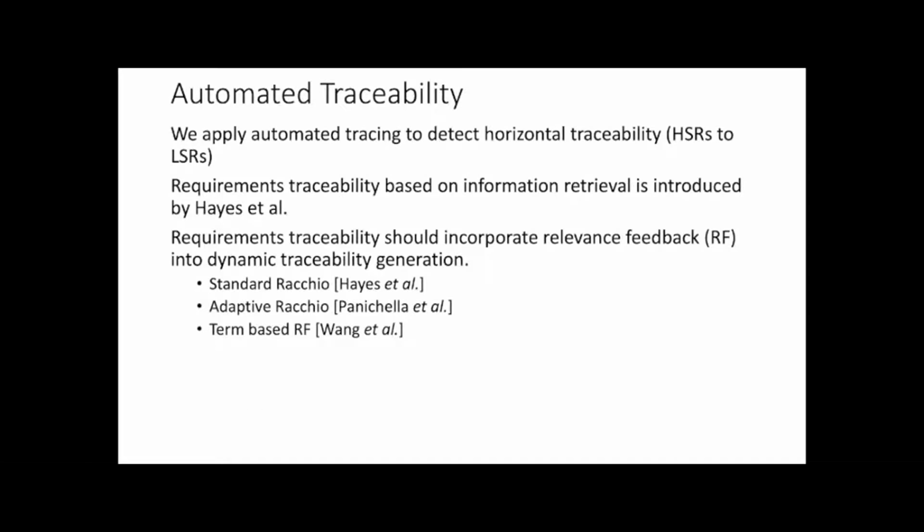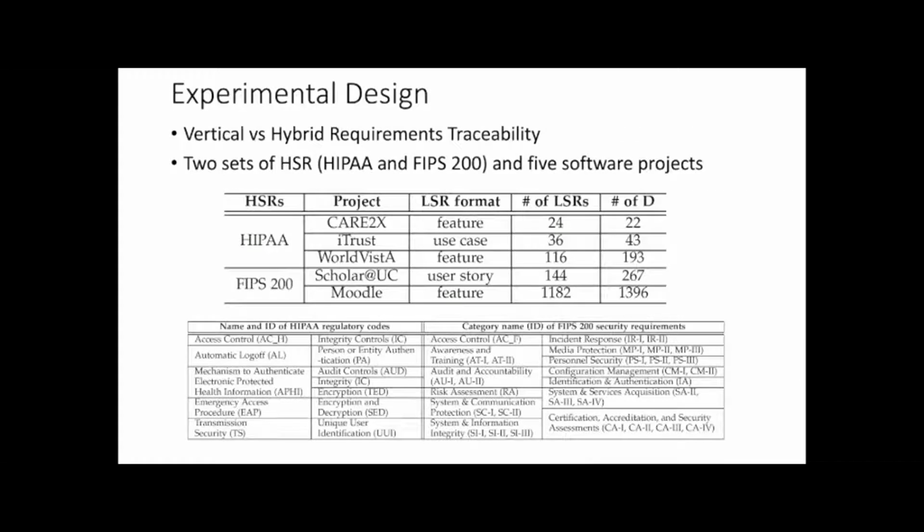And for the second step, we use fully automatic requirements tracing. There are four variants of this part. The first one is the basic information retrieval method of TF-IDF, and the latter three are extensions of it, called relevance feedback, and its three variants. We compare all four of them in our experiment.